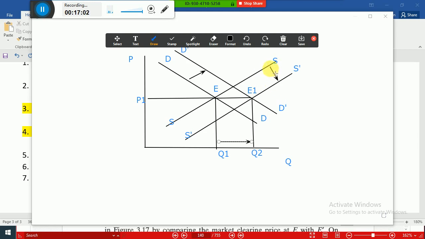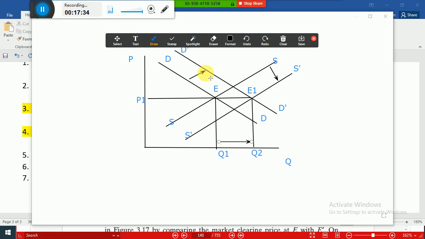That is, the length of the arrow between the two supply curves, old and new, and similarly the length of the arrow between the new and old demand curves, is assumed to be equal. That shows an equal rate of increase in demand and supply. So this is the situation when we have assumed that demand and supply both increase and the rate of increase is the same.